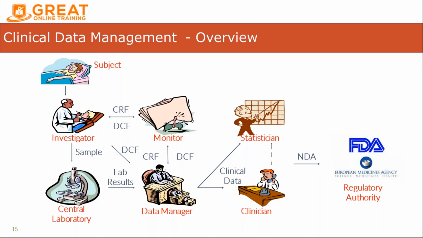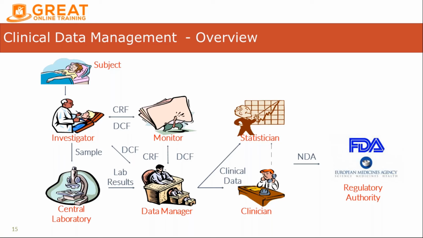So they are going to write their queries in data clarification forms and send it to site. And again, site writes their clarifications and sends them back to data managers. Here in case of electronic data capture, queries will be generated. We'll discuss in detail in upcoming slides.